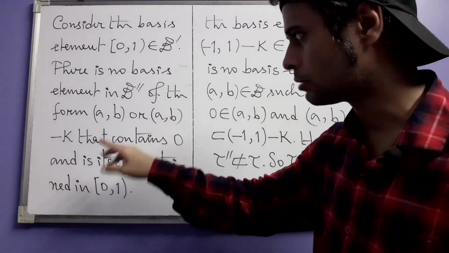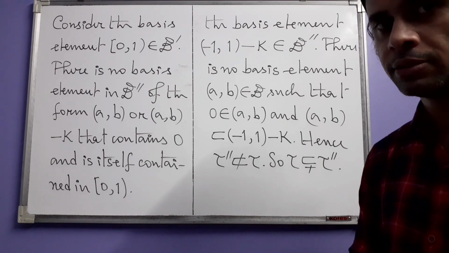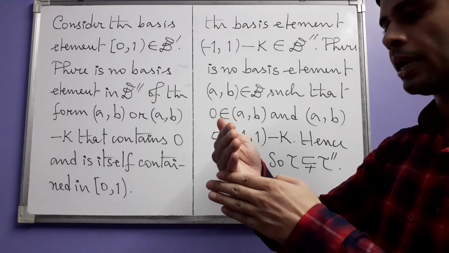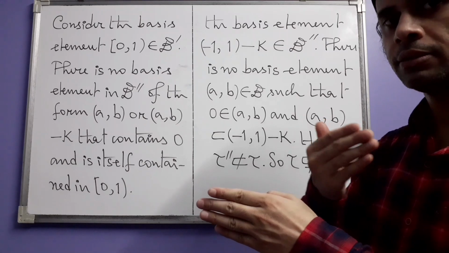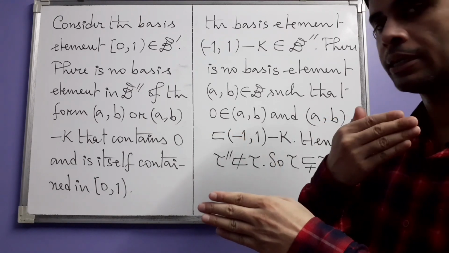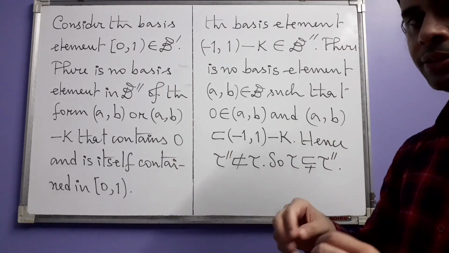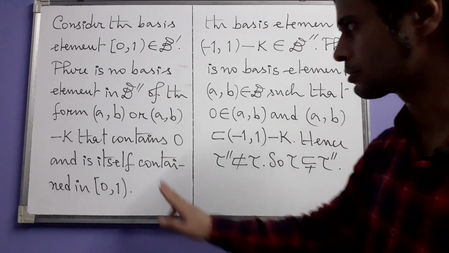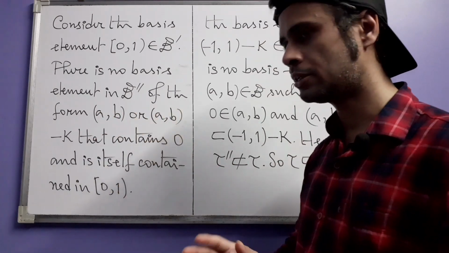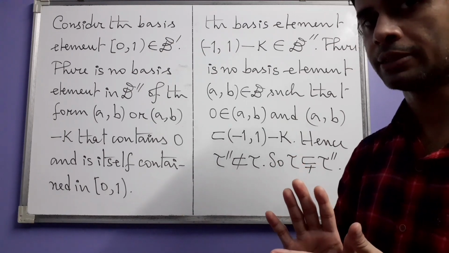What about these other somewhat more complicated basis elements? Open intervals from which reciprocals of positive integers have been removed? Well, the reciprocals lie on the positive side of the x-axis, that is, they lie on this side of 0. So whether they are being removed or not, that does not affect the fact that if any such interval contains 0, then it is containing negative real numbers as well.